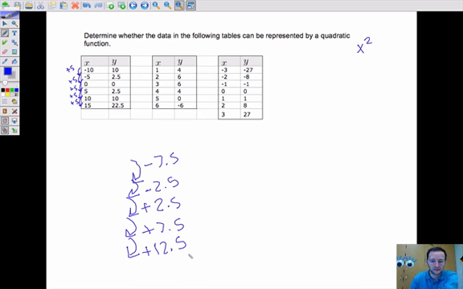You see that they're not the same, okay? So it's not a constant rate of change, but what is the same is the difference between the differences, okay? So the first differences just going down the table weren't always the same, right? We had 7.5 and then 2.5 and then 2.5 and then 7.5 and then 12.5.